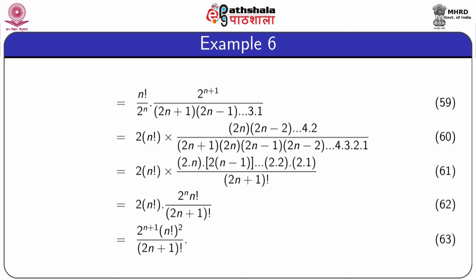We take 2 common from each of the terms, and you will be arriving at equation number 62, which is 2 into n factorial, 2 to the power n into n factorial divided by (2n plus 1) factorial, which after simplification gives 2 to the power n plus 1 into (n factorial) square divided by (2n plus 1) factorial, which is our desired result.